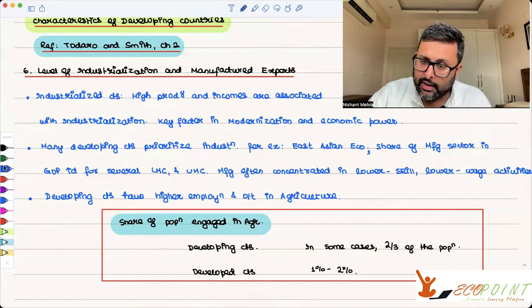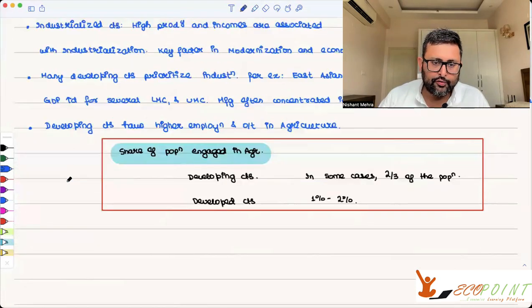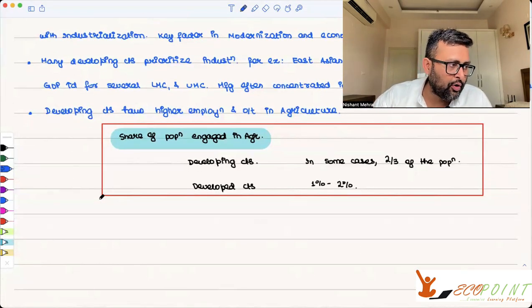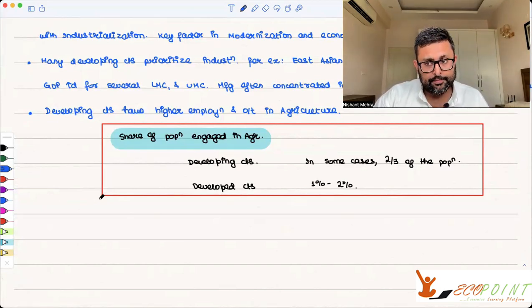In developing countries, you will also find that most of the population is engaged in agriculture, but the productivity is very low in agriculture as compared to their own industrial and services sectors.